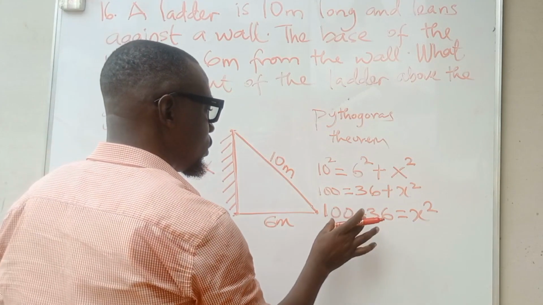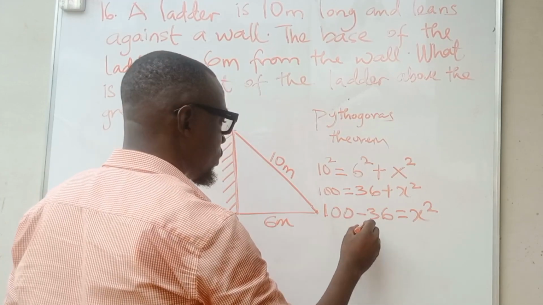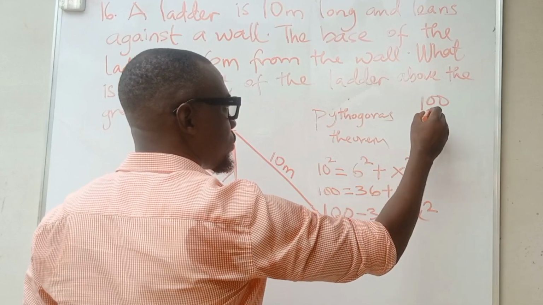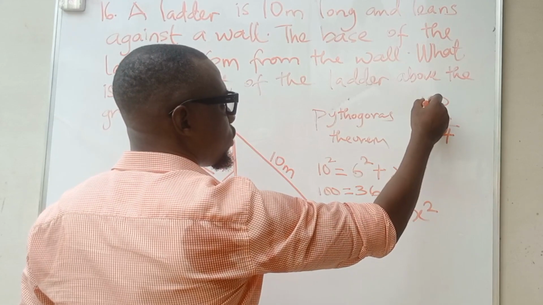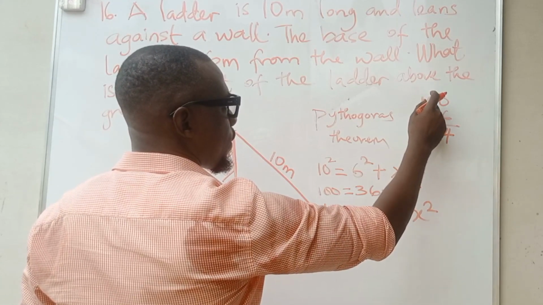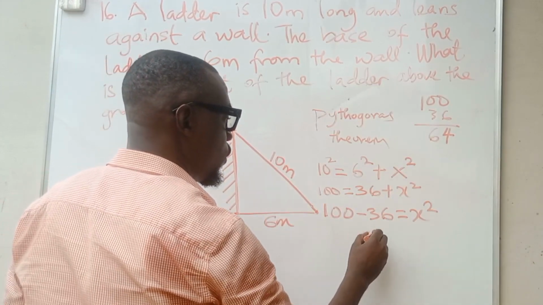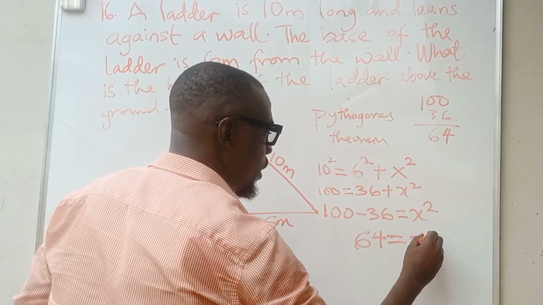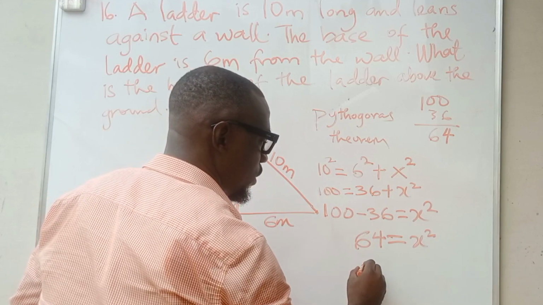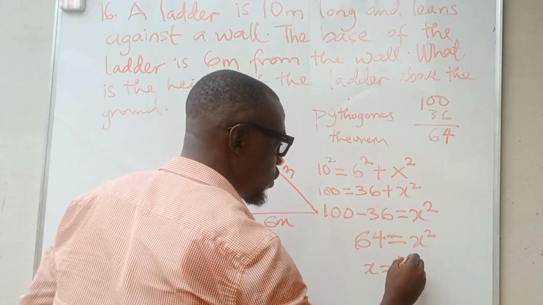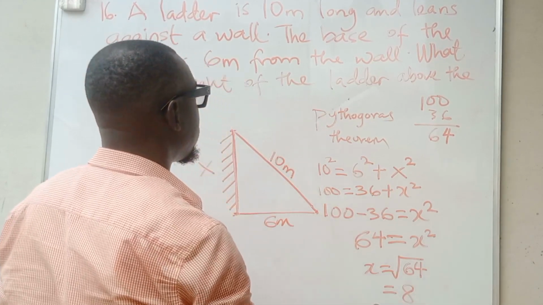You subtract 36 from 100, it will give you 64, equal to x squared. x will now be square root of 64, which is 8. So the answer is 8 meters.